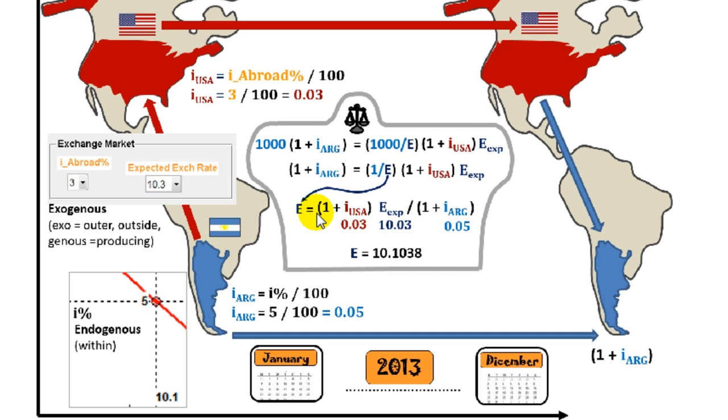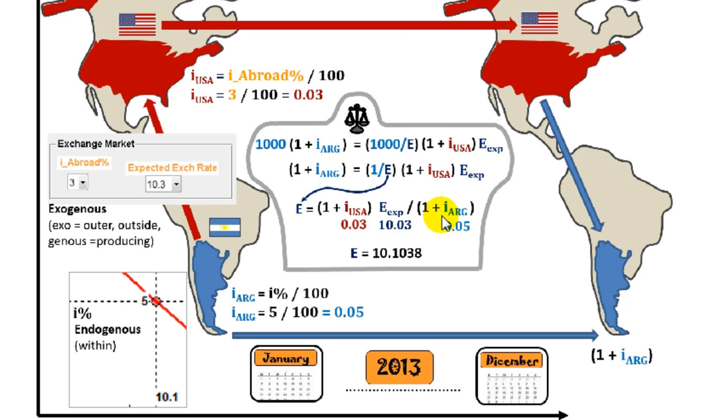So the first thing that we do to get the interest rate in the USA is to take the interest rate abroad expressed as a percentage and divide it by 100. Then we get 3 divided by 100, which is 0.03, which is this value.